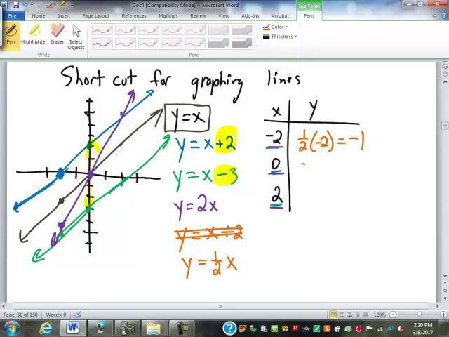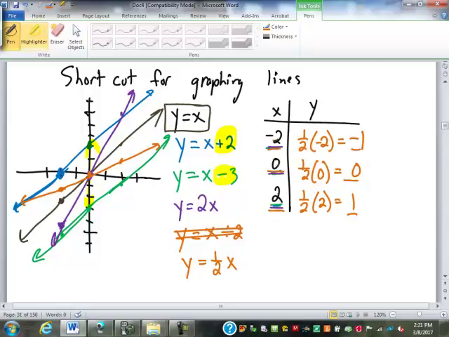So if x is 0, 1/2 times 0 is going to be 0. And if x is 2, 1/2 times 2 is going to be 1. So we've got the ordered pair negative 2, negative 1. That's right here. 0, 0. We're going through the origin again. And positive 2, positive 1 is right there. So we could make that line less steep or shallower by dividing or multiplying by a fraction.